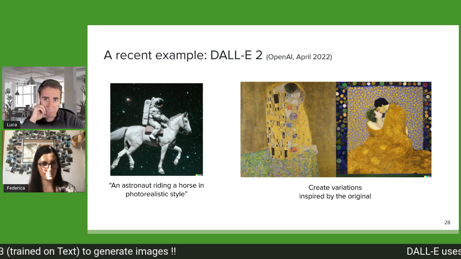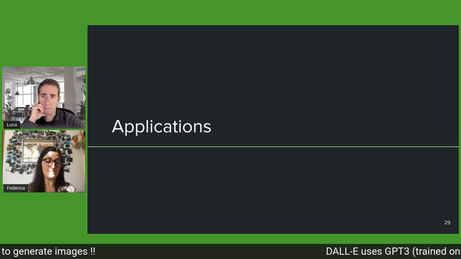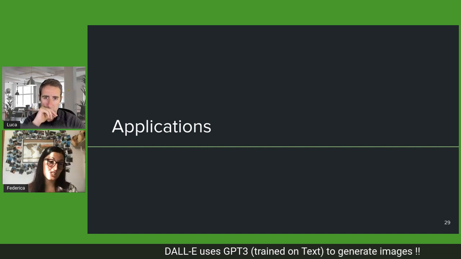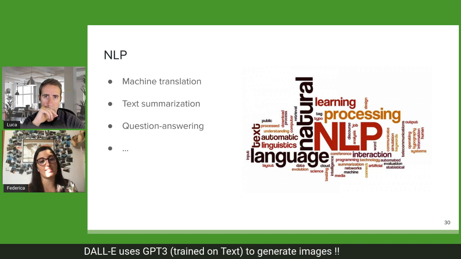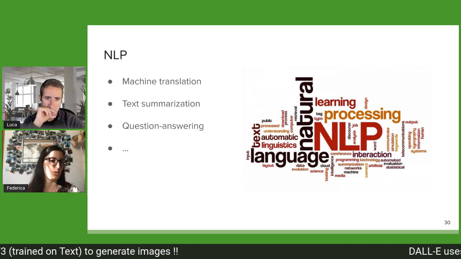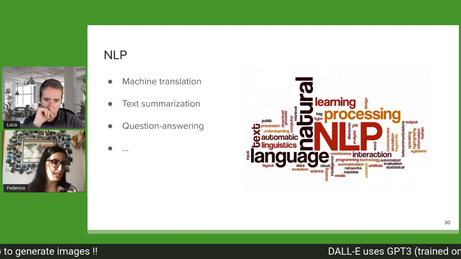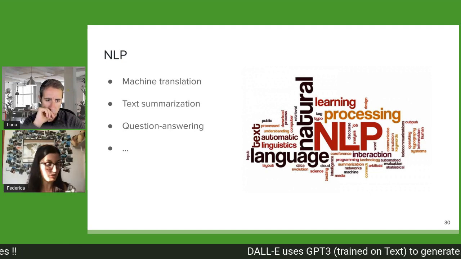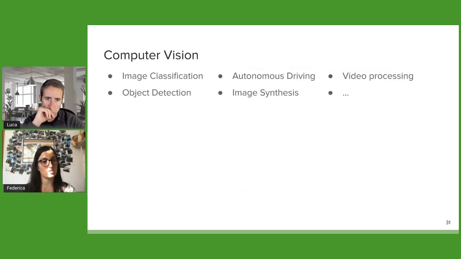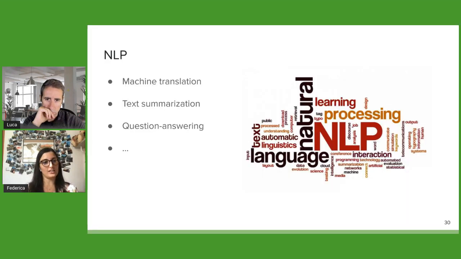Yes, but here I've listed some applications. For instance, in NLP, we have machine translation that I've talked about, where we want to translate a sentence in one language into the same sentence in another language. Then we have text summarization. We have a text, and we want to extract a summary that has meaning, obviously.